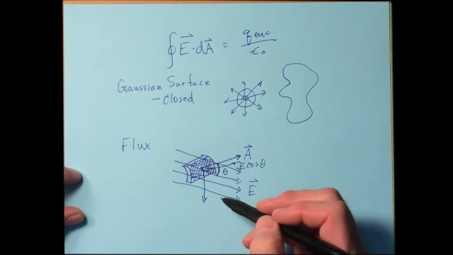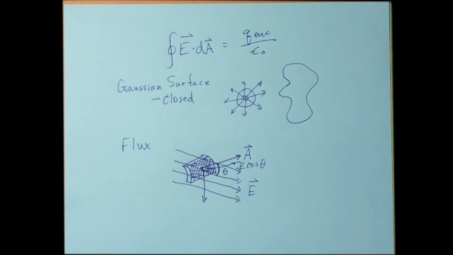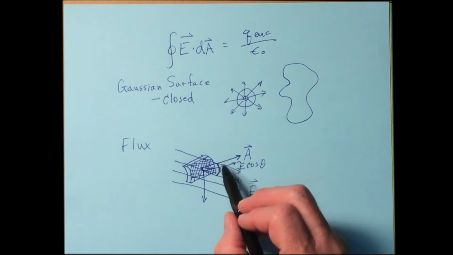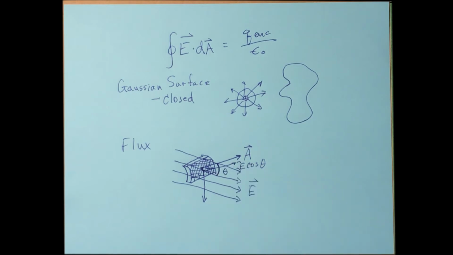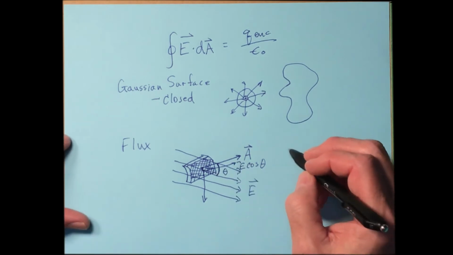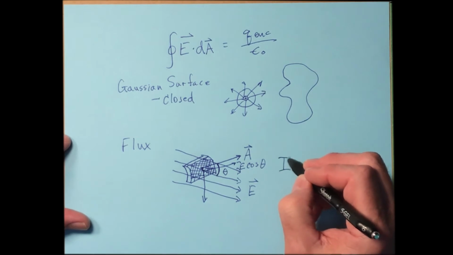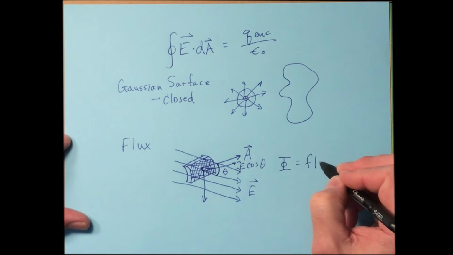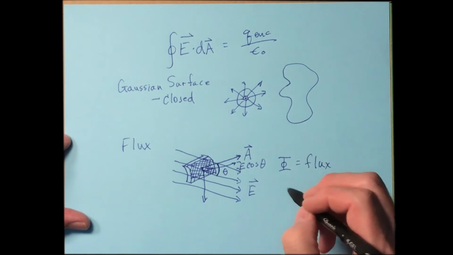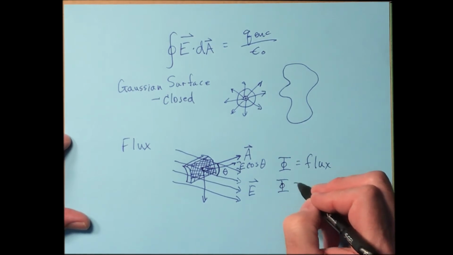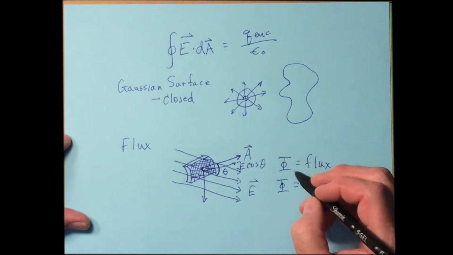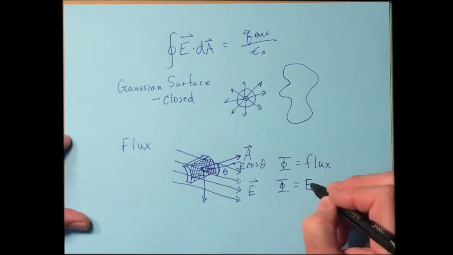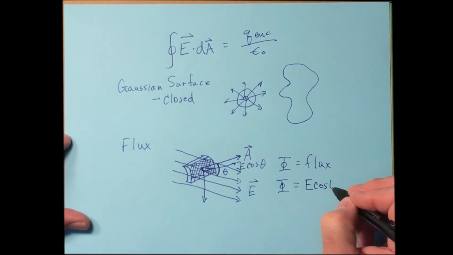All right. So flux, what is flux then? Flux is the component of the electric field that's parallel to the surface vector multiplied by the surface vector. Now, that is given a symbol, capital Phi, for flux. That's what flux is. Flux, in this simple case right here, is just E times the cosine of theta.